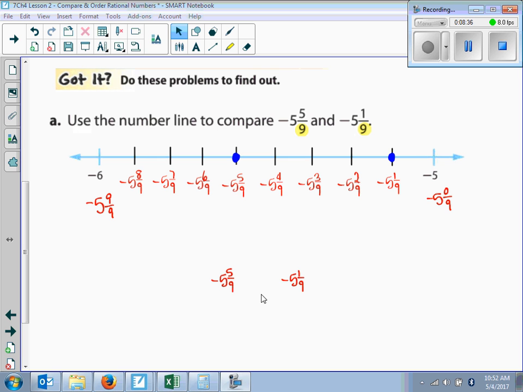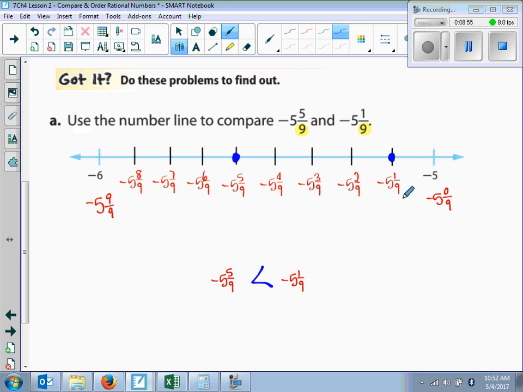So what symbol will go in between? Less than. Very good. So negative 5 and 5/9 is less than negative 5 and 1/9.